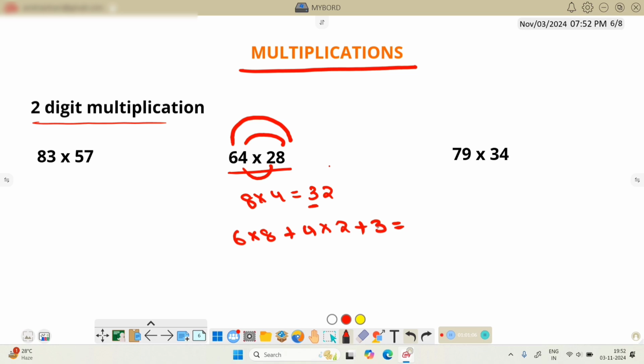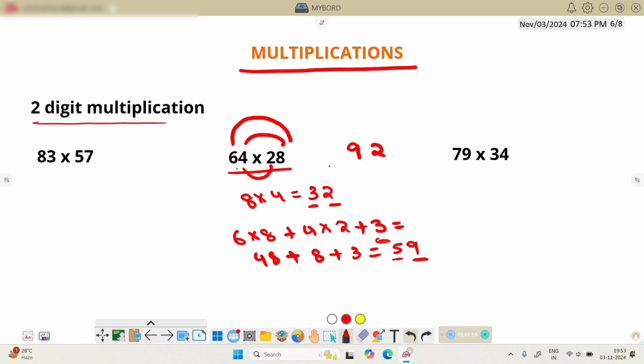Okay, the carried number 3 you should add here, and you just keep this unit digit 2 aside right here. So 6 8s are 48 plus 4 2s are 8 plus 3. 48 plus 8, 56. 56 plus 3, 59. Okay, so 9 you keep it aside, unit digit 9 you write here, and next 5 is carried to the next step.